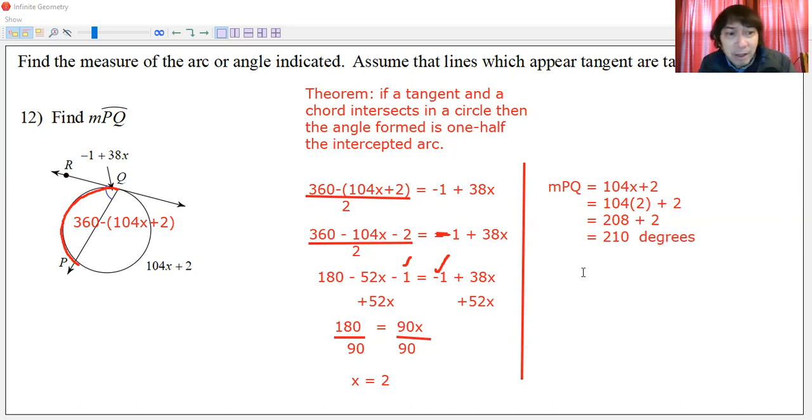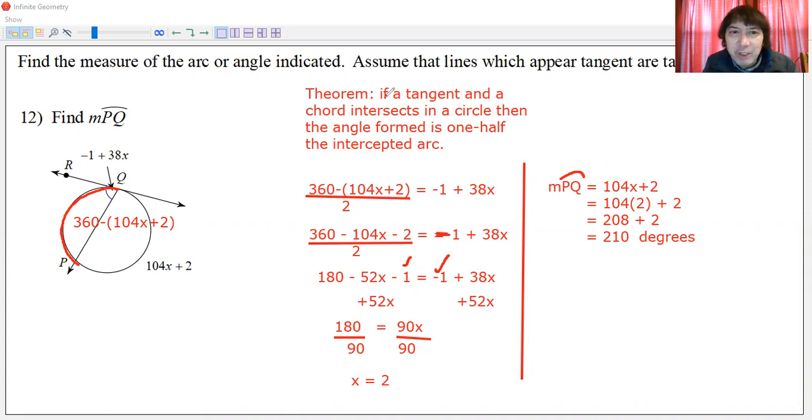This is the arc PQ with the given expression. It's 210.